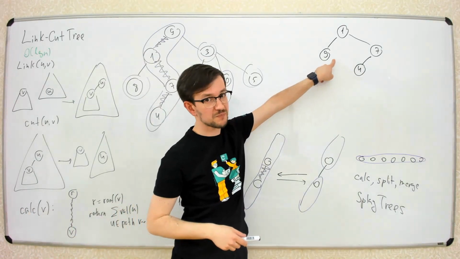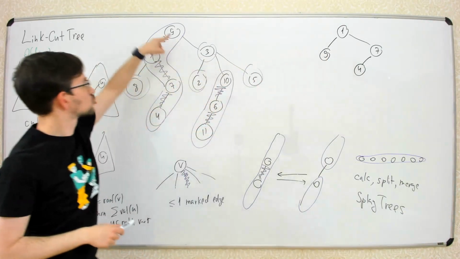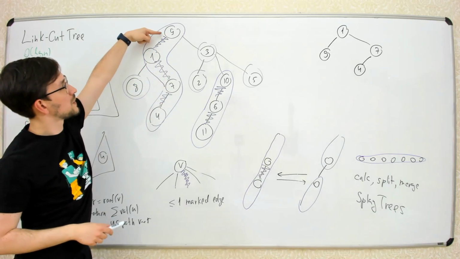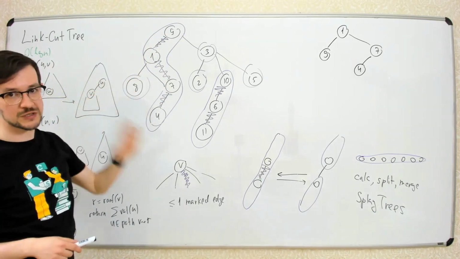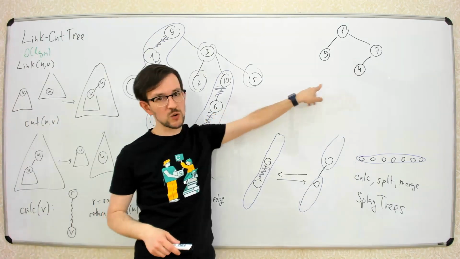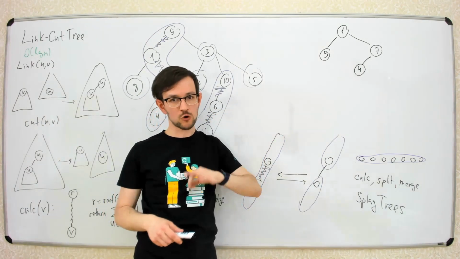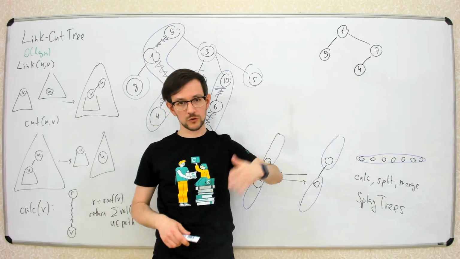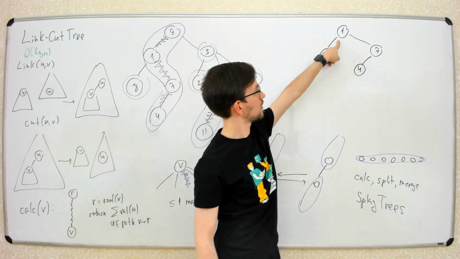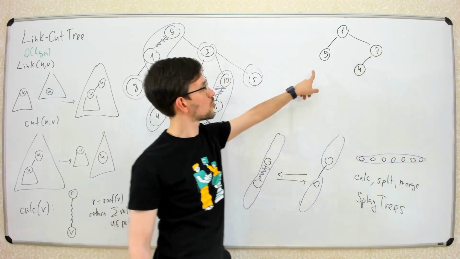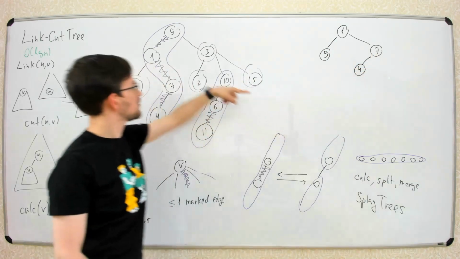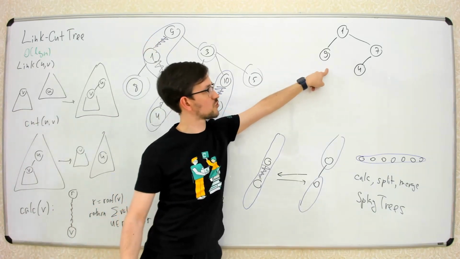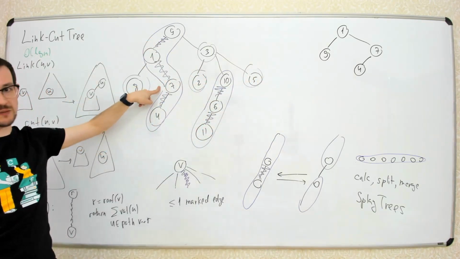So this splay tree corresponds to this path. In this path, we have nodes 9, 1, 7, and 4 in this order. In this splay tree, we have the same nodes in the same order. If you iterate all nodes from left to right, you have the same order as in this tree.